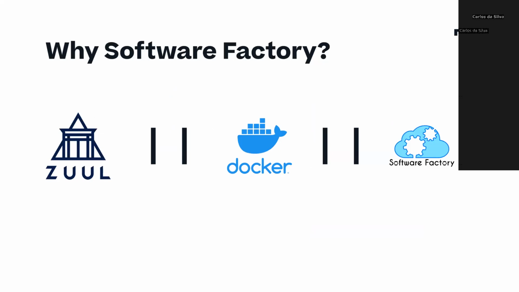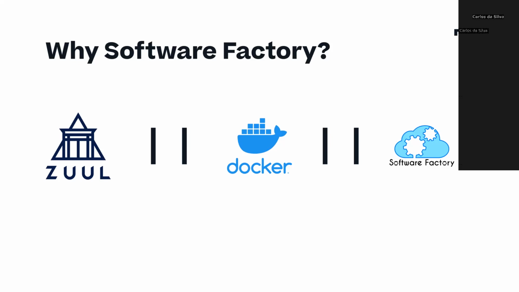So when you decide to either migrate or deploy Zuul from scratch, you have a couple of options. You can install Zuul and Nodepool, which is a companion program for Zuul that provides test resources, on a bare metal machine or a virtual machine using Python packages, which is the most bare bones kind of installation for Zuul.